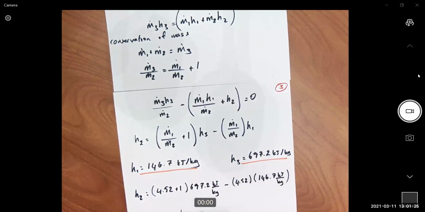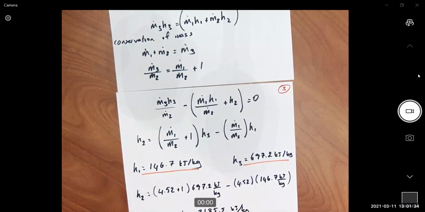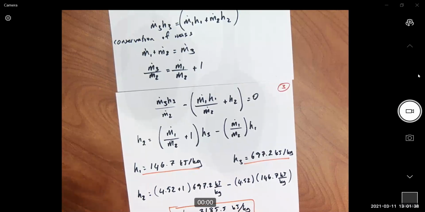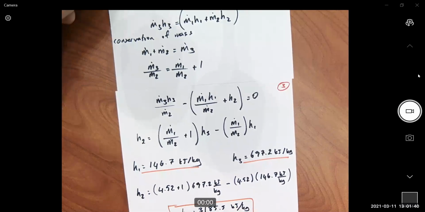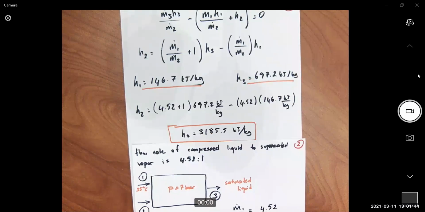H2 will be 3,185.5 kilojoules per kilogram. This is my enthalpy at exit 2.